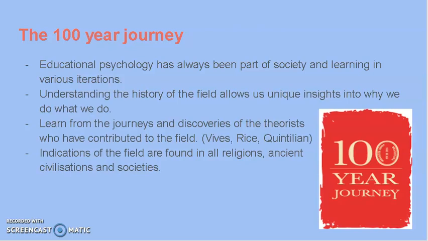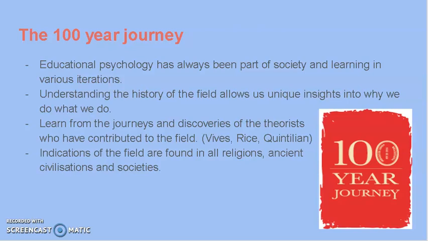You'll see many theorists like Vives and Rice and Quintilian, if I'm saying the name correctly. You'll look at the discoveries and the contributions to the field of education by these theorists and by these, let's call them academics, over the years, and you'll see that it's very interesting how their work still filters down into our system today.